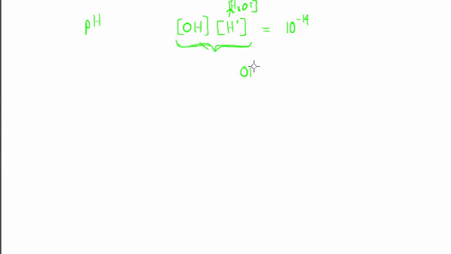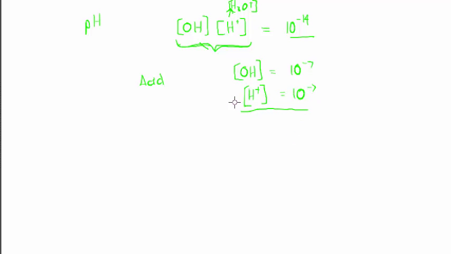In pure water these two are the same. So you get OH equal to 10 to the power of -7 and H equal to 10 to the power of -7, so that when you multiply them, you add the exponents and you get that. That is the case in water. But now if I add an acid, I'm increasing this concentration. What is going to happen with that 7?